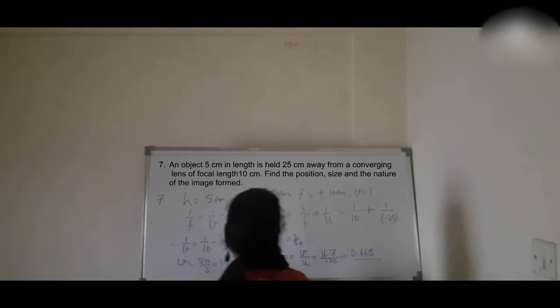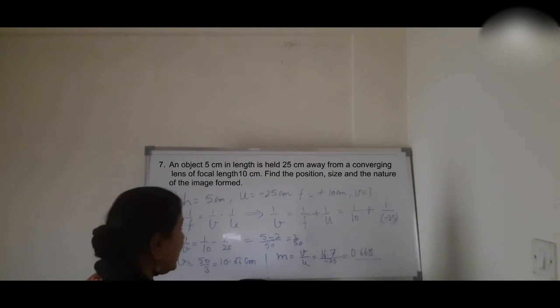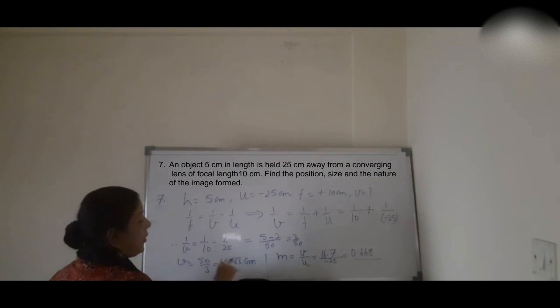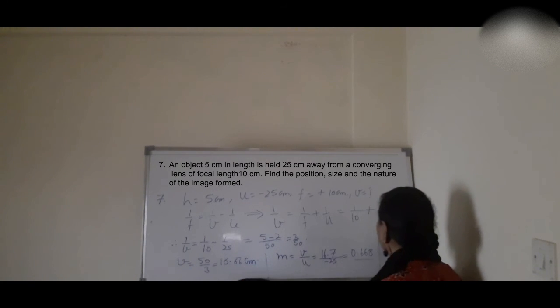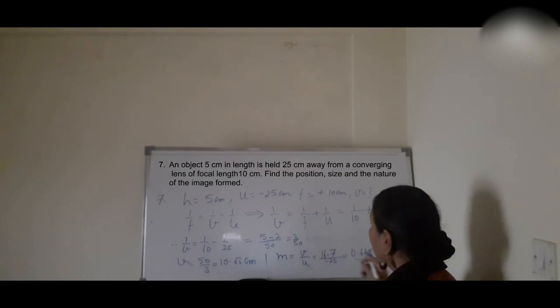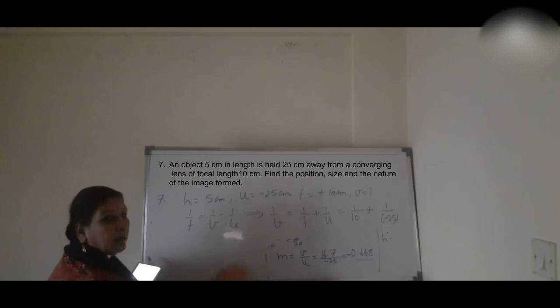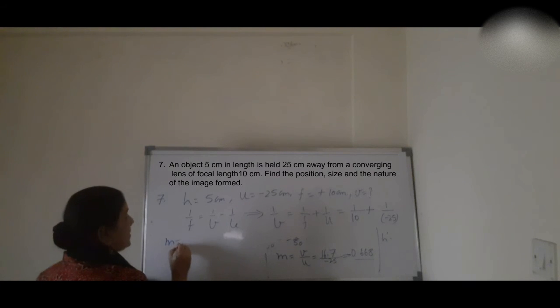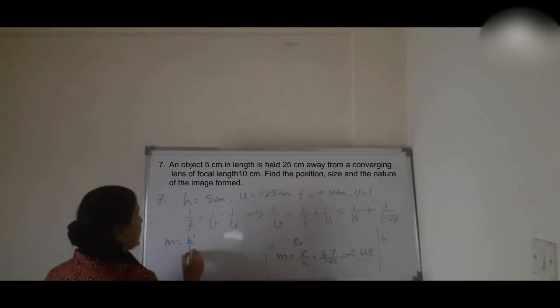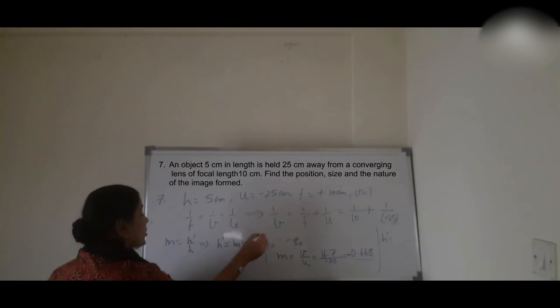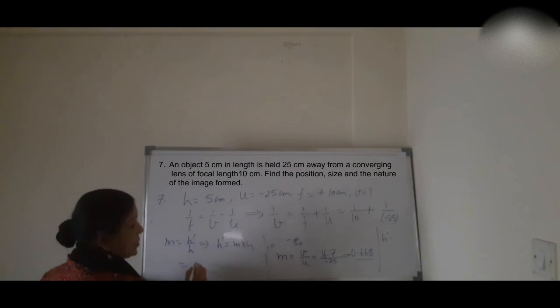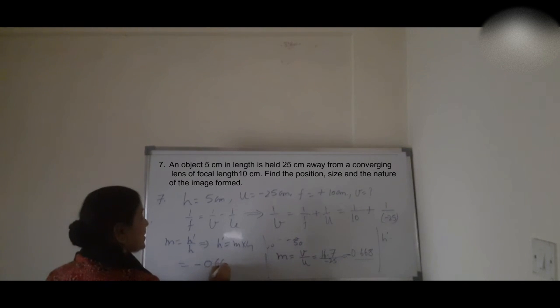So m we know. So it is 0.668 times that of the object. So we can find that h dash. We can also use this formula, m is equal to h dash by h, or h dash is equal to m into h. m was minus 0.668.